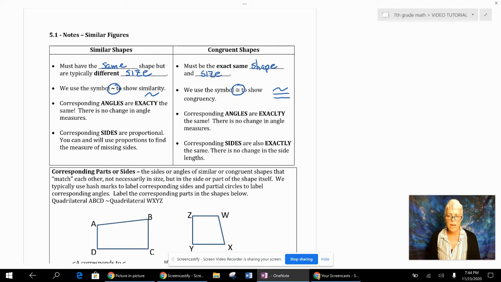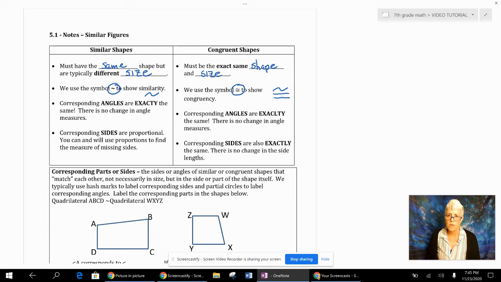Now, let's go back to the picture in your mind with the square and then the square that's twice as big. Now, I don't know if you remember this, but squares, each corner is 90 degrees. Now, if I make that square twice as big, would the angles be twice as big or would they still be 90 degrees? They would still be 90 degrees.